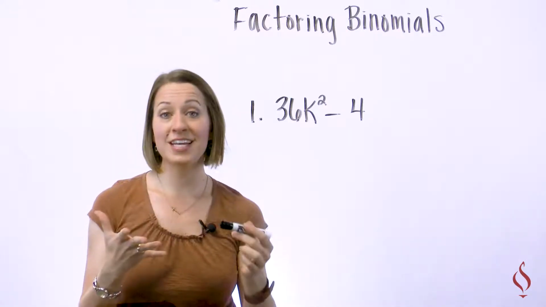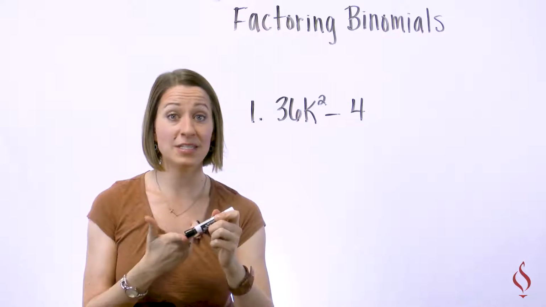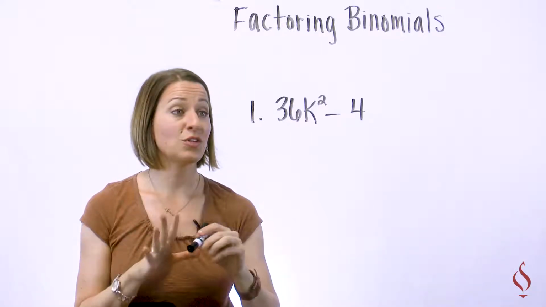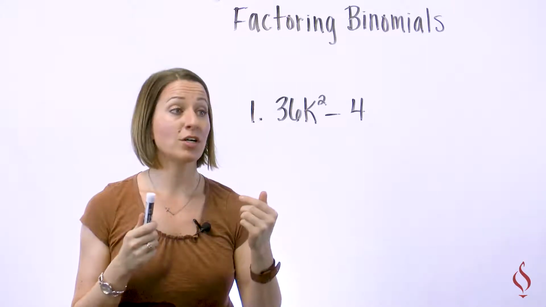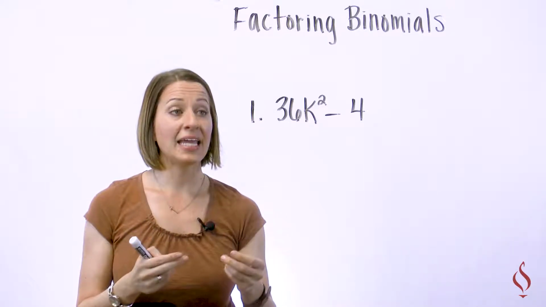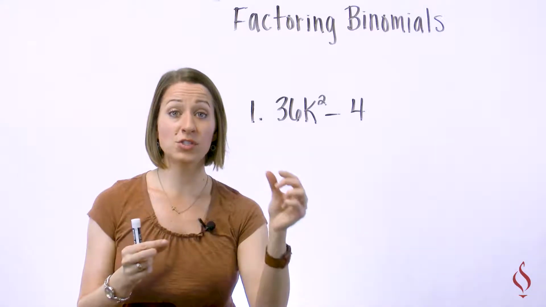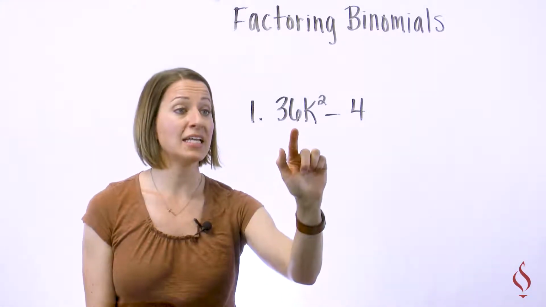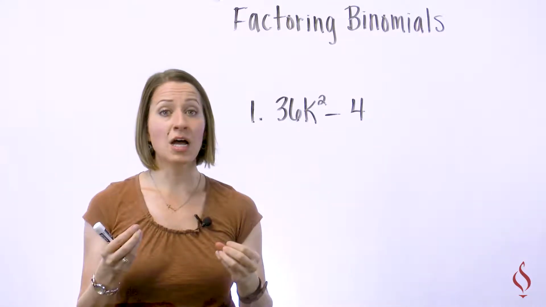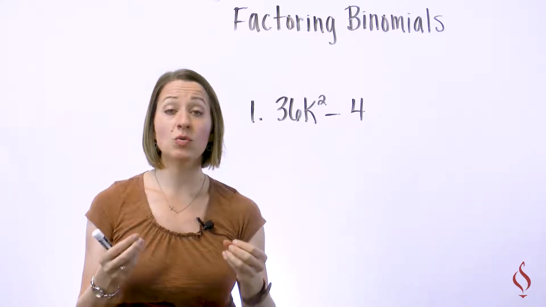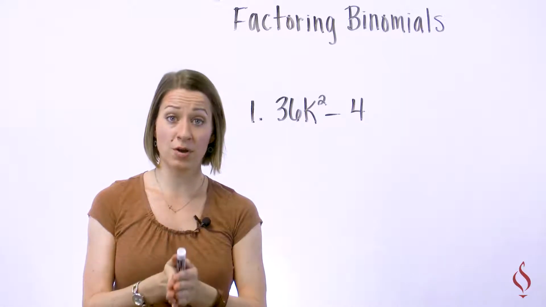Let me break that down for you. The word difference means subtraction, so the only problems that I'm going to show you on this video are subtraction problems. And difference of squares means that both terms in each of these problems will be a perfect square number.